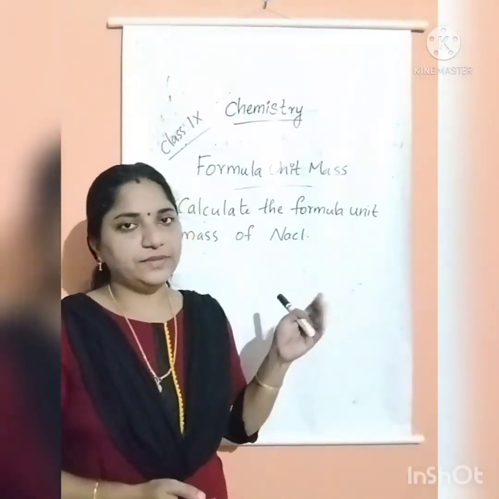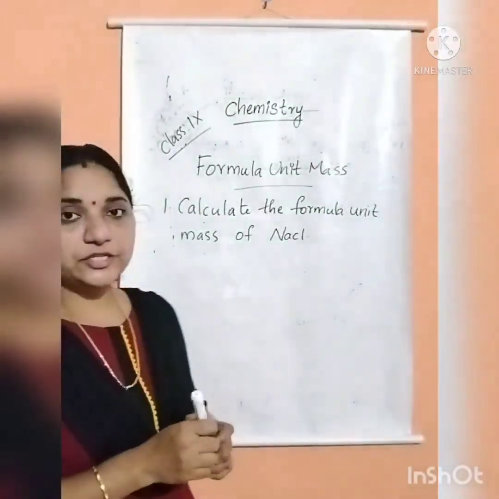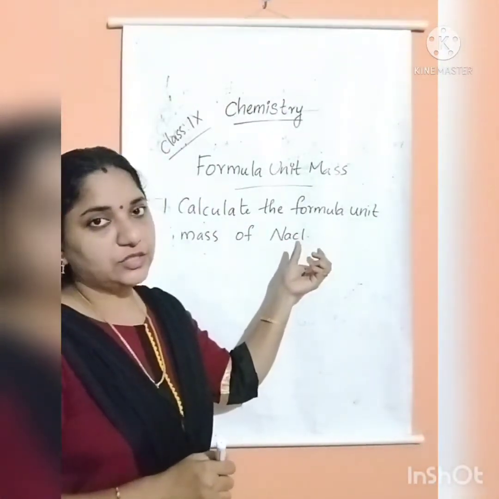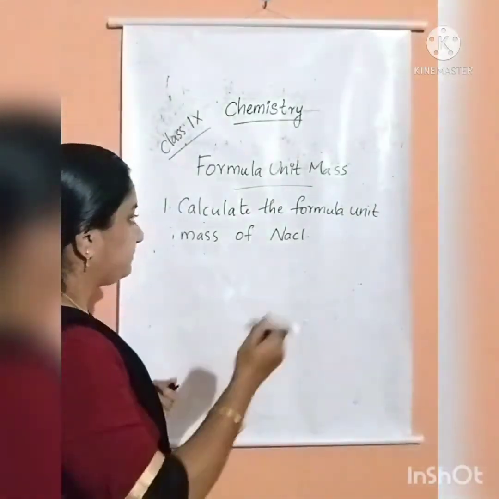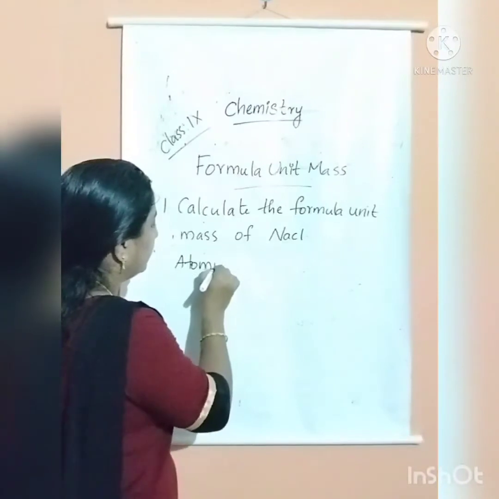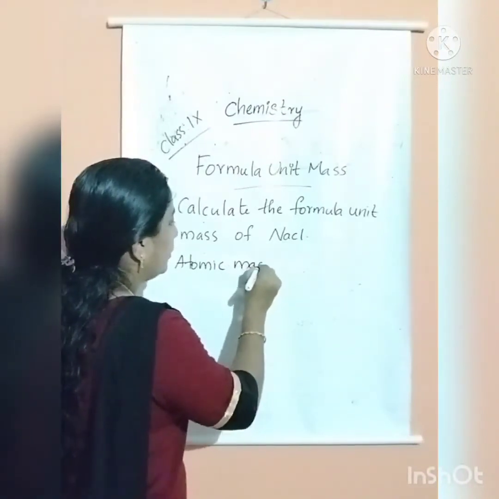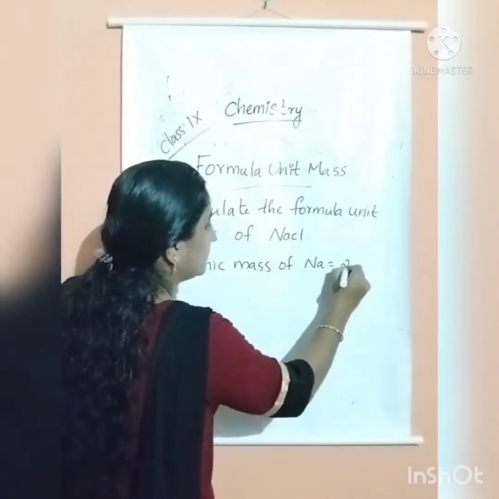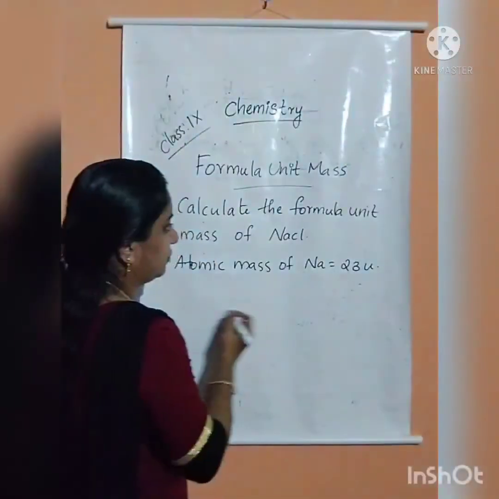The first step is writing the atomic masses of each atom present in sodium chloride. So the atomic mass of sodium, how much is it? Yes, 23 atomic mass unit.